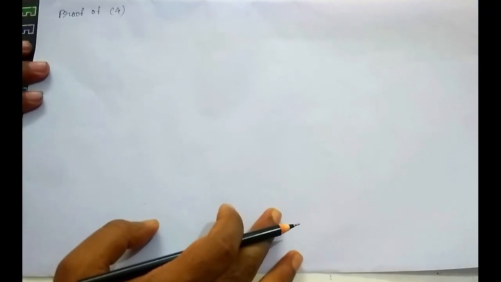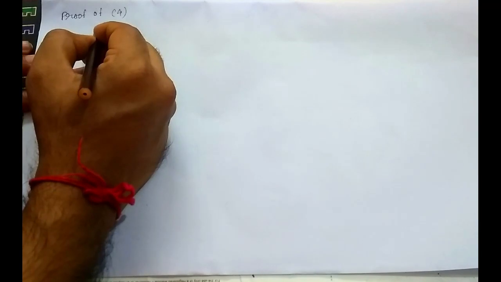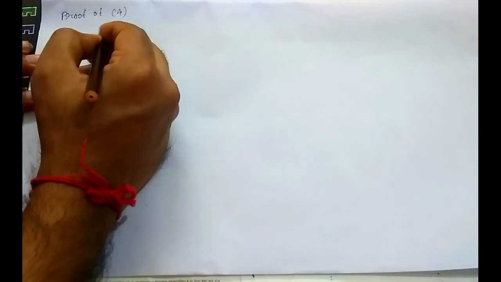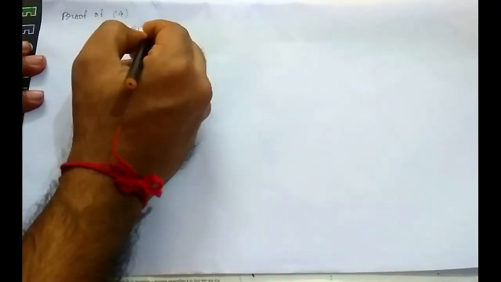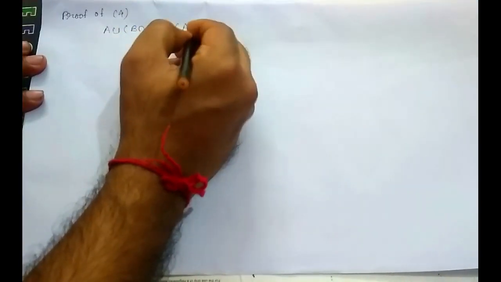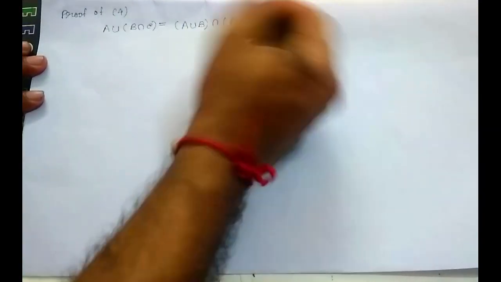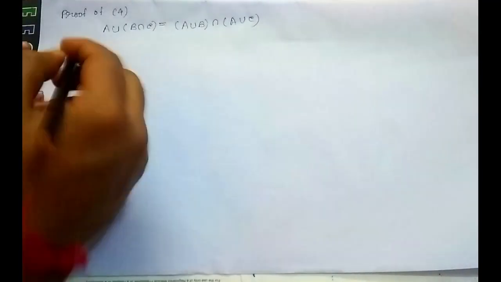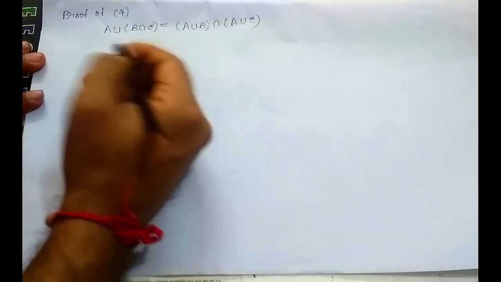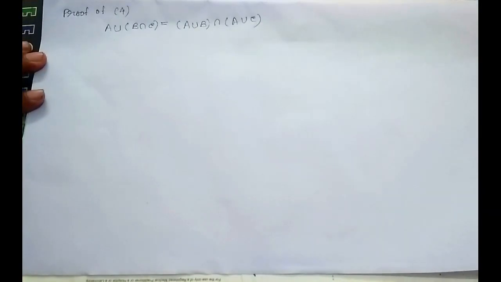See, we have to prove that A union B intersection C is equal to A union B intersection A union C. Okay, so we have to show these two sets are actually equal.